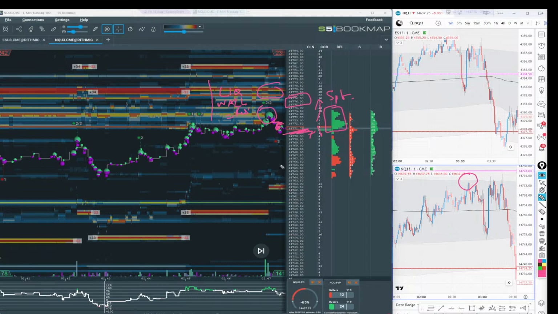With NQ being 0.5, or 50 cents per tick, and you've got 5 points, 20 ticks, you can multiply that by however many contracts to give you your risk value per trade.